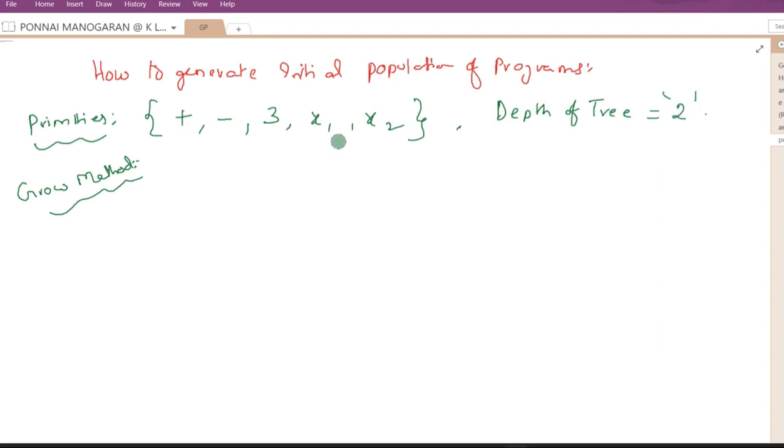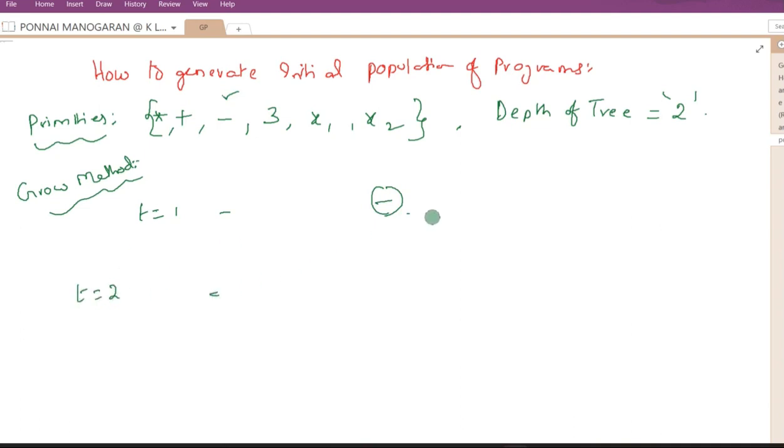So what I will do is, I will randomly select from these primitives. At the first iteration, at t is equal to 1, let us suppose I have selected this one with random probability, a symbol. So the root node is selected.